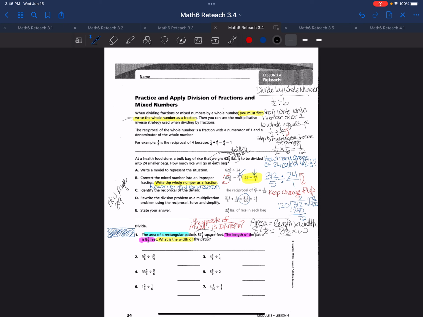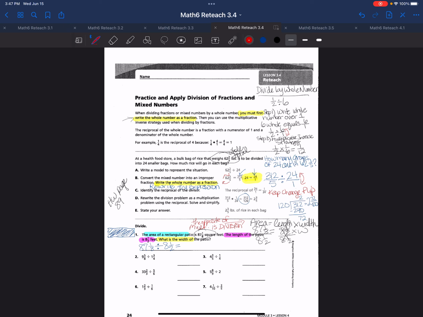So that's why, in order for me to find out what W is here, I'm going to have to divide. So let's set up that expression. It's 87 1/8 being divided by 8.5.